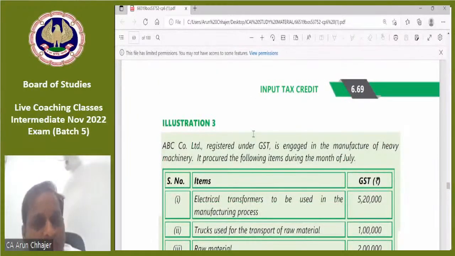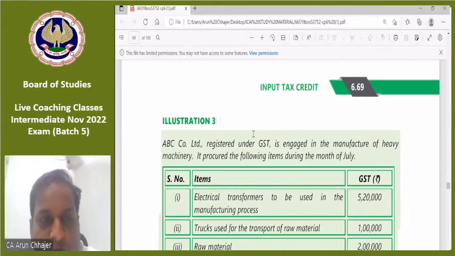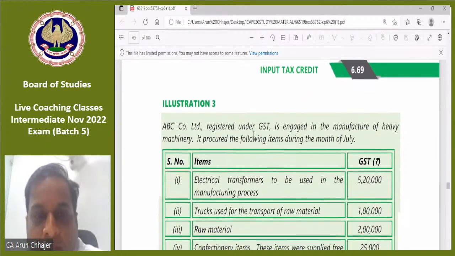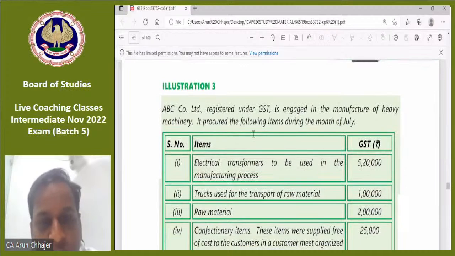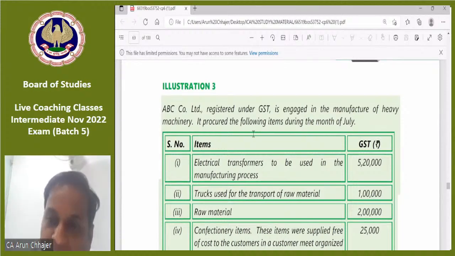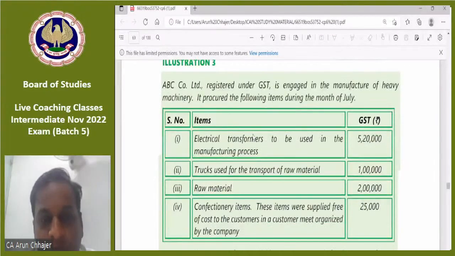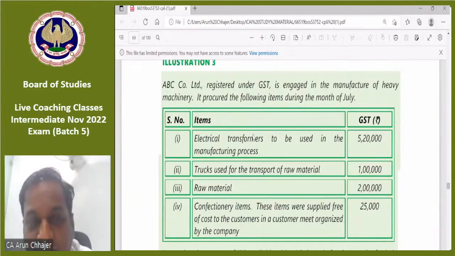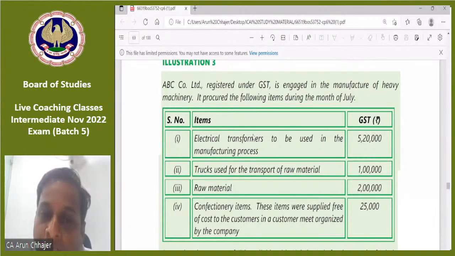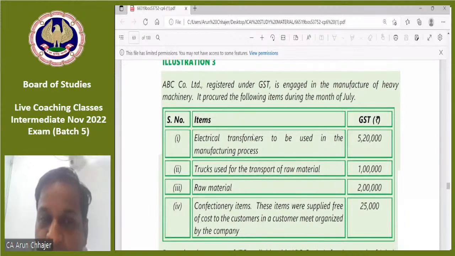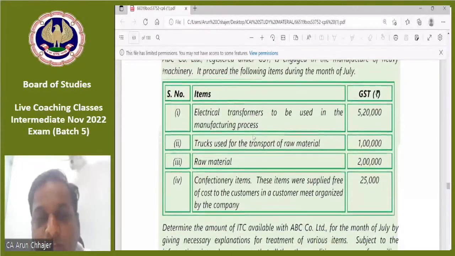ABC company registered under GST is engaged in the manufacturing of heavy machinery. It procured the following items during the month: electric transformer to be used in the manufacturing process, 5,20,000; trucks used for the transportation of raw material, 1 lakh; raw material, 2 lakh; confectionery items supplied free of cost to customers in a customer meet organized by the company, 25,000.